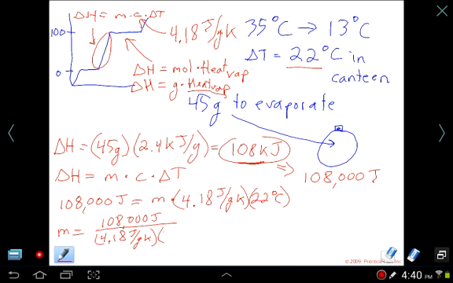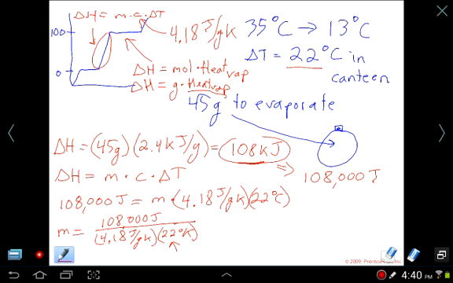multiplied by 22. Now, I don't have to convert to Kelvin because a change of 22 degrees Celsius is the same as a change of 22 Kelvin. So this does not need to be converted to Kelvin, because the increase on the scale is the same. The absolute temperature is different, but the increase is the same. So let's do this calculation.